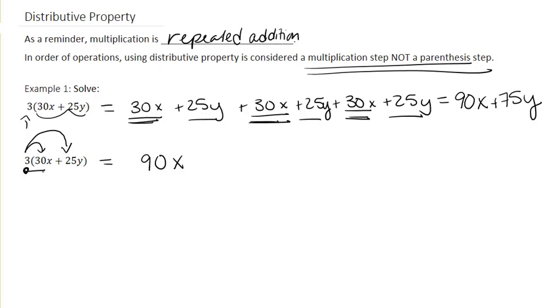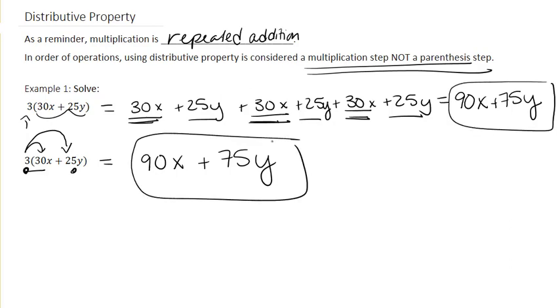And then 3 times 25 is equal to 75. So then we would have 75y, and we just leave it in terms of x and y like that. So you can see that we have the same answer in both, but one method was a little bit faster to get to, which would be using the distributive property using multiplication.